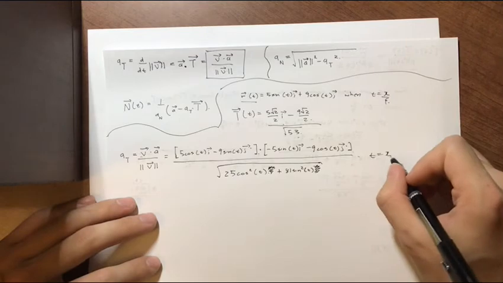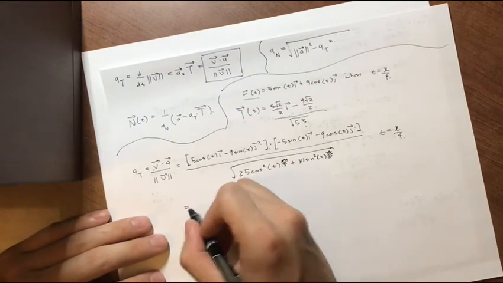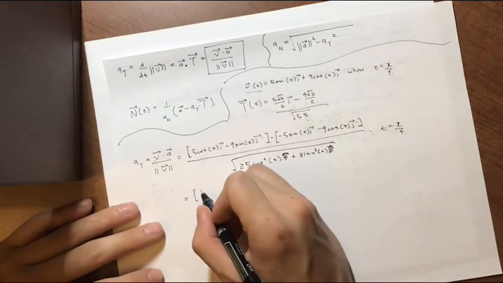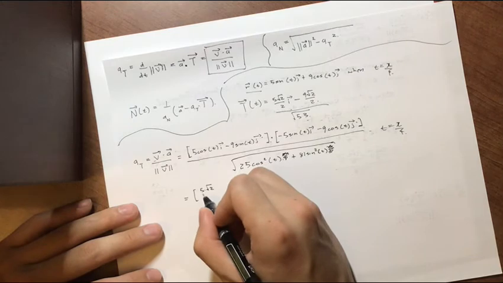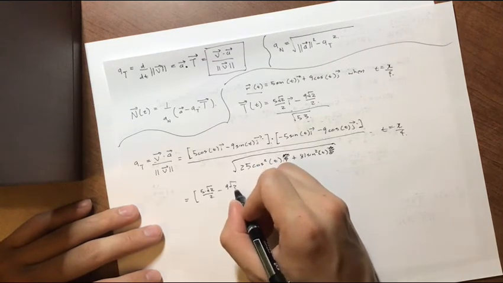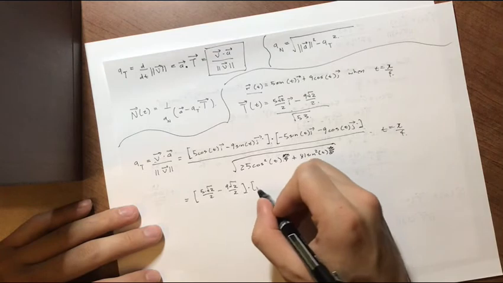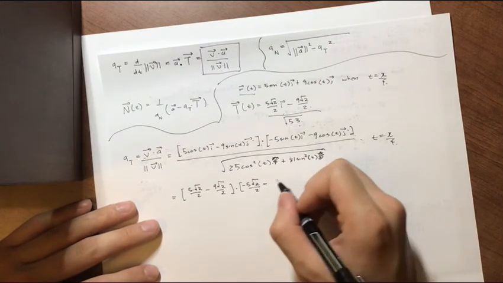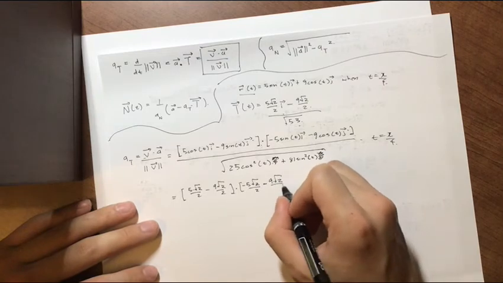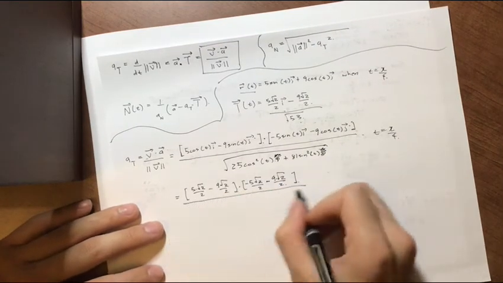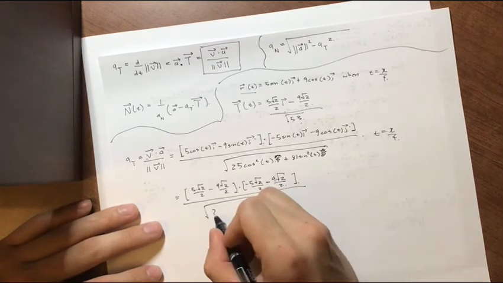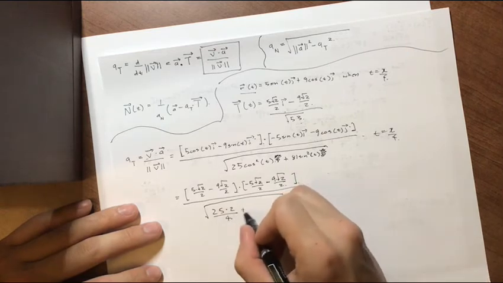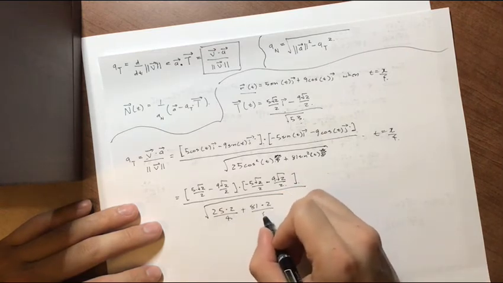Now when t equals pi over 4, the tangential component is 5 times square root of 2 over 2 minus 9 times square root of 2 over 2 times negative 5 times square root of 2 over 2 minus 9 times square root of 2 over 2, all over the square root of 25 times 2 over 4 because we squared it, plus 81 times the same, 2 over 4.